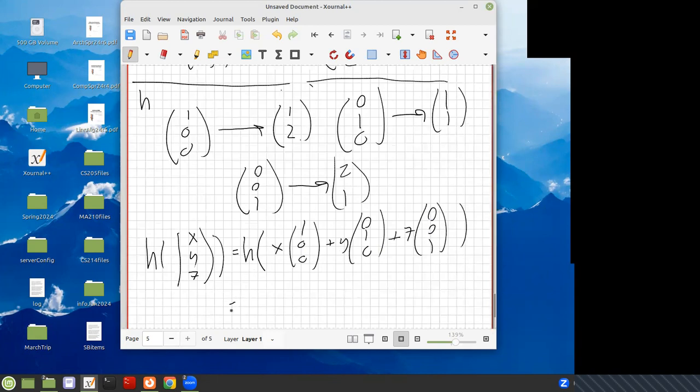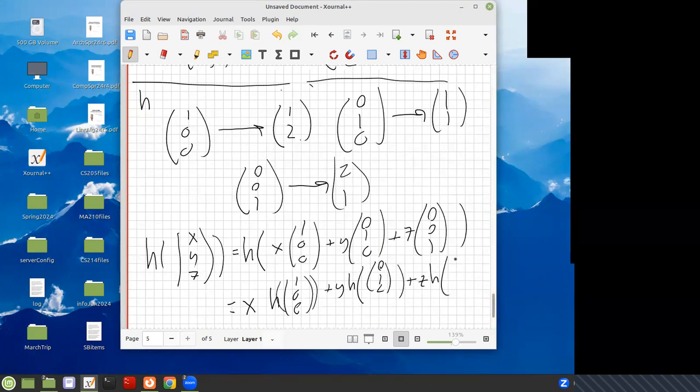Then because H is linear, we can move it in and say this is the same thing as x of H of 1, 0, 0 plus y of H of 0, 1, 0 plus z of the image of 0, 0, 1.